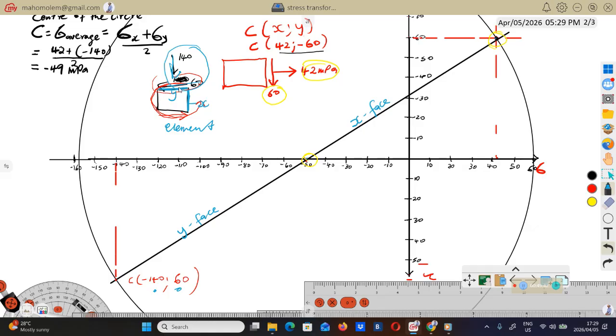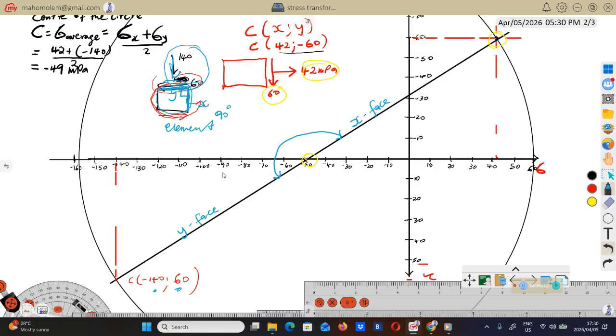On the element, the y face and the x face are separated by 90 degrees. But on the Mohr cycle, the x face and the y face are separated by a straight line, or 180 degrees. So the angle between y and x is 90 degrees on the element, and on the Mohr cycle it's 180.